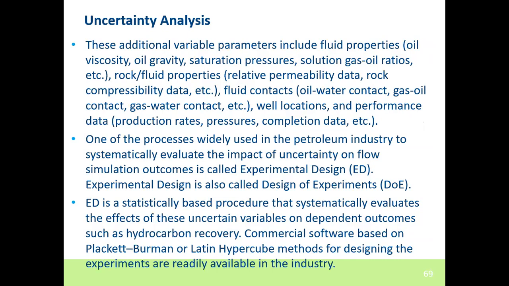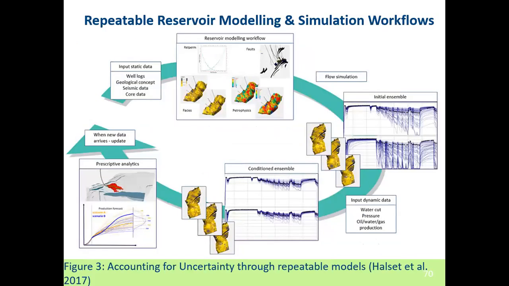And one of the processes used to evaluate the impact of uncertainty is referred to as experimental design, or design of experiments. These algorithms are incorporated into the post-processors of many of the commercial simulators, so you could always evaluate that. If you look at this view graph, you see these are multiple realizations.